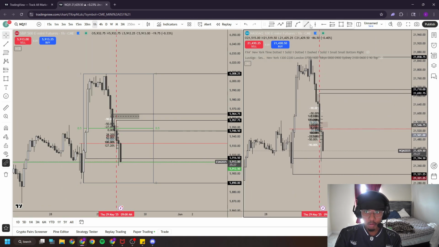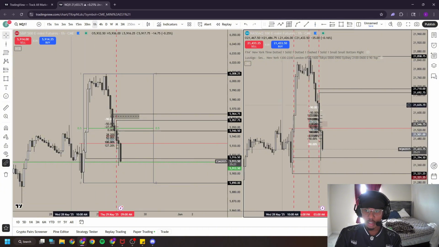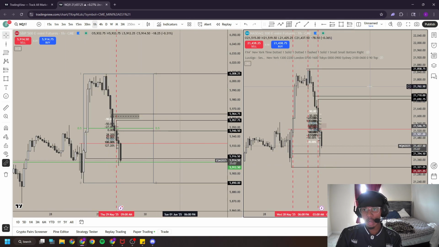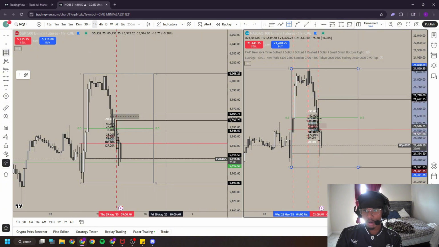If we divide the sessions, that's London session and then Asian session, right here. If we take the swing low from Asian session, this was New York PM, but technically I'll take this since it's the last swing low. If we take the swing low all the way to the most recent swing high from London session, we take our Gann box and just stretch it.